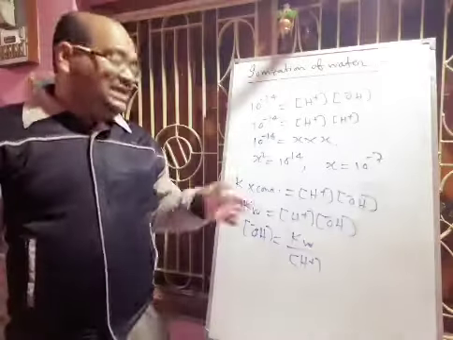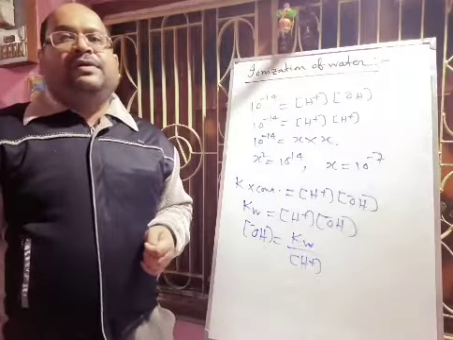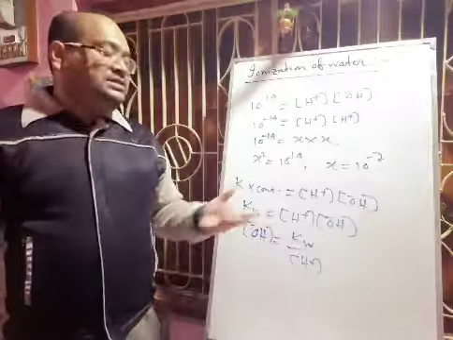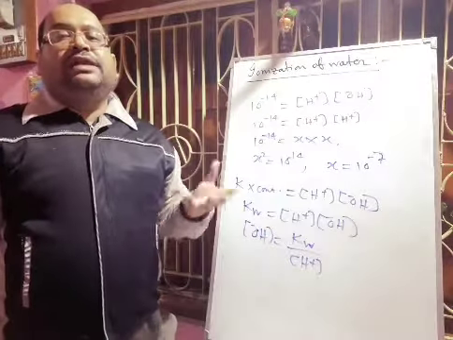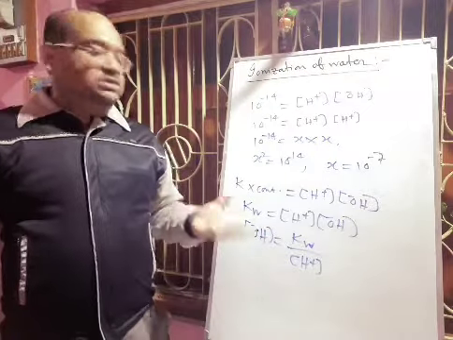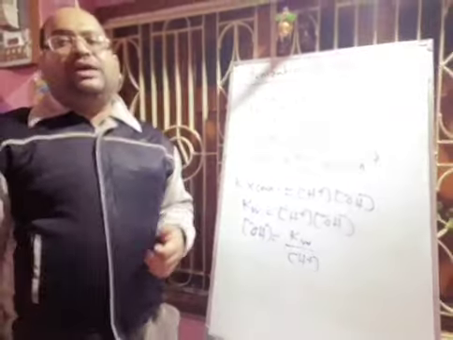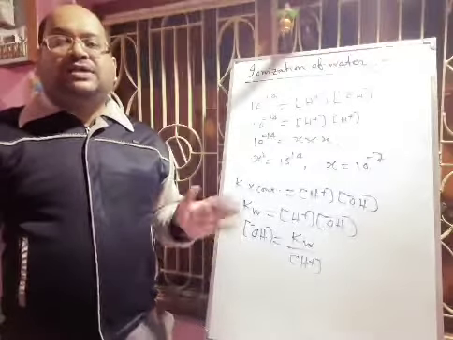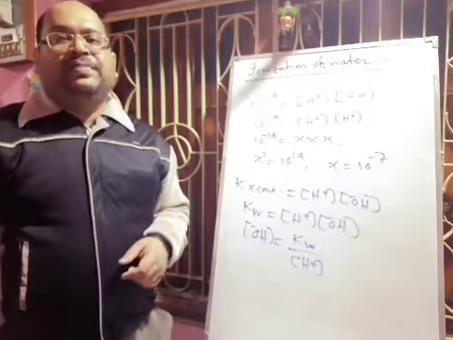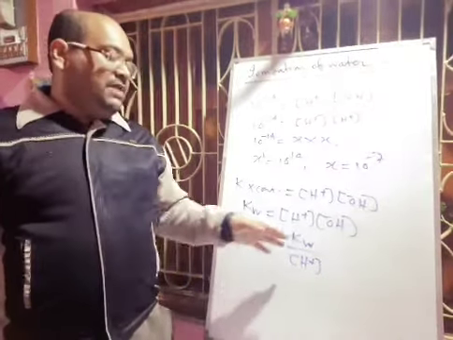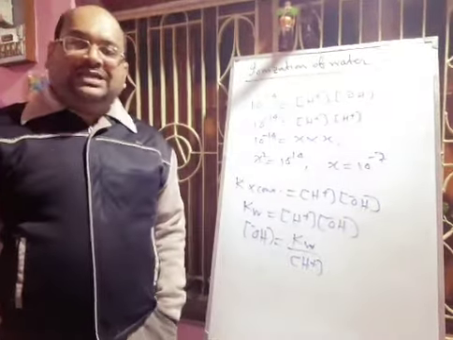But if you add a base, any base, then what will happen? The concentration of OH minus will increase. If the concentration of OH minus increases, the concentration of H plus will decrease, to get a constant value of Kw. Hope you can understand.